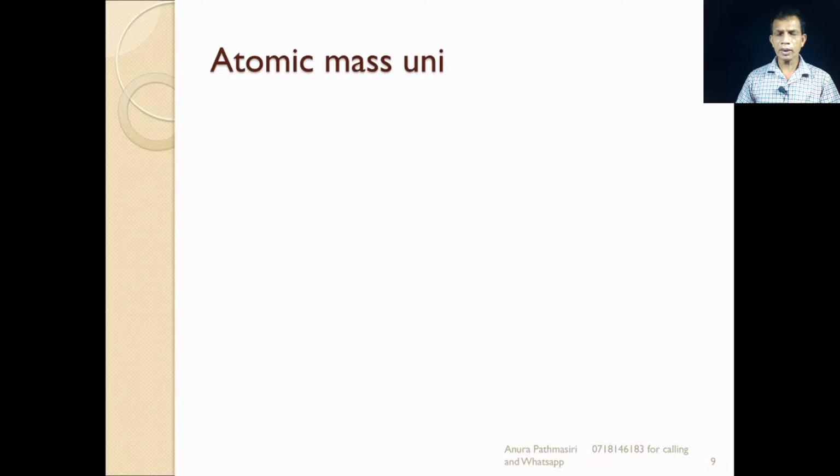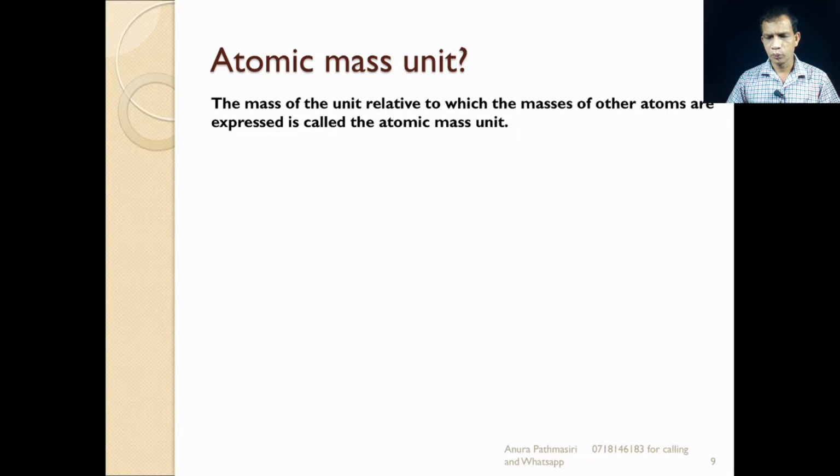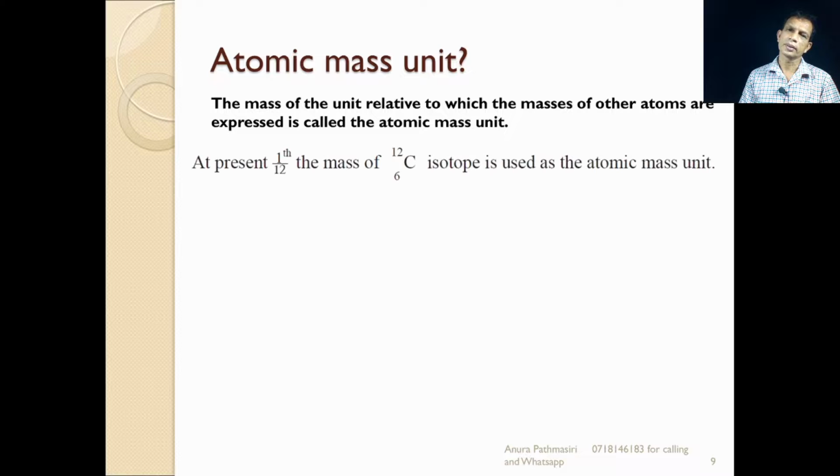And atomic mass unit. Why another unit to measure an atom? The mass of the unit relative to which the masses of other atoms are expressed is called the atomic mass unit.